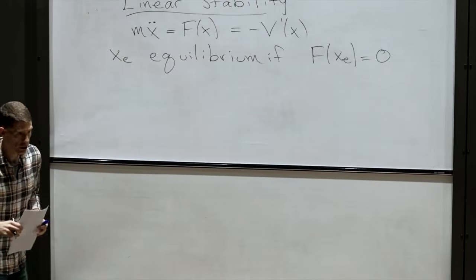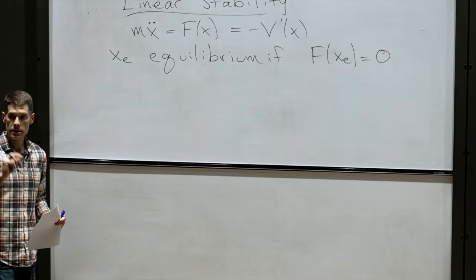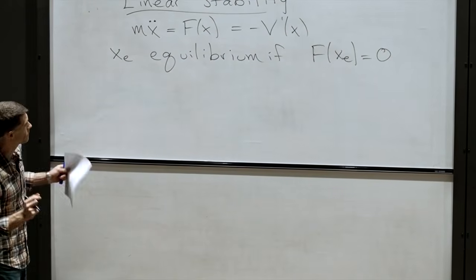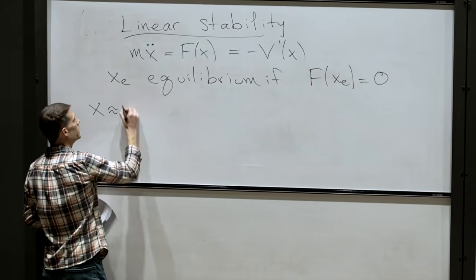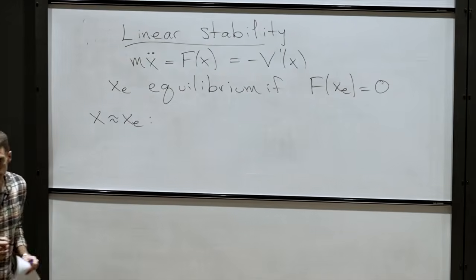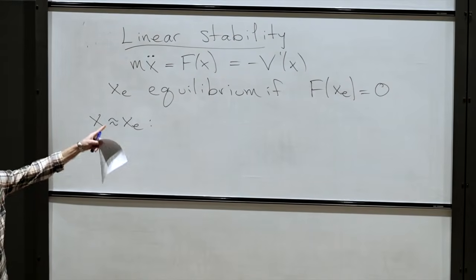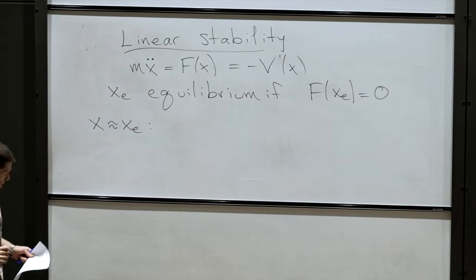Okay, so the idea is I want to know if I start close to that point, how does the system behave? And so what we do is we take x close to xe, and ended last time by saying the idea is to Taylor expand Newton's second law.